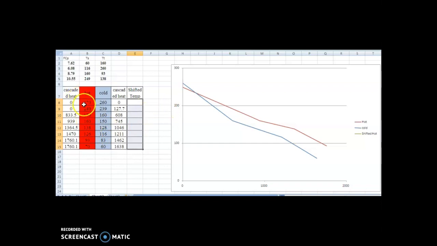This is your hot side temperature, meaning this is your y-axis and this is your x-axis. So we have plotted this hot curve, and similarly the cold side temperature is on the y-axis and heat flow is on the x-axis for the cold curve.